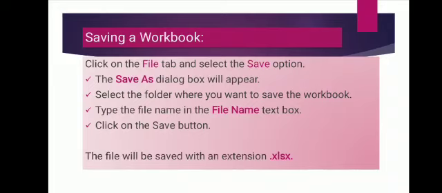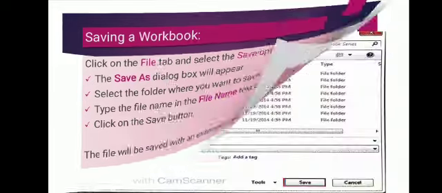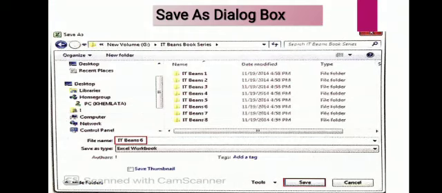Now at last, how to save a workbook. To save a workbook, you have to follow the given steps. First click on the file tab and select the save option. When you click on it, a save as dialog box will appear. Select the drive and the folder where you want to save the workbook.